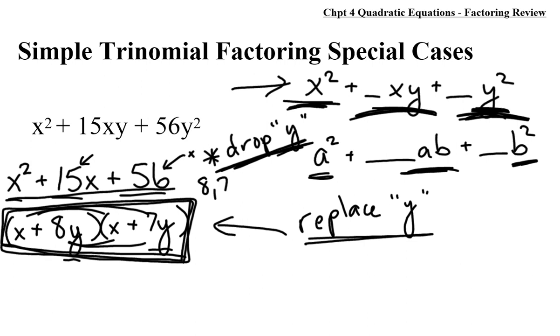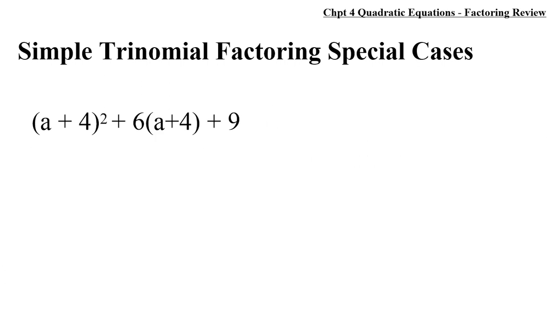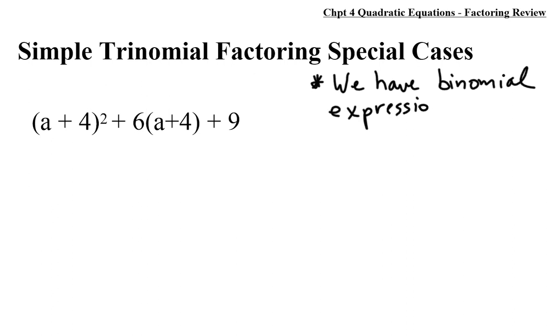So another special situation of simple trinomials. And now our last case for simple trinomials. Again, sometimes we have, and it's pretty much always going to be a binomial expression in the trinomial.